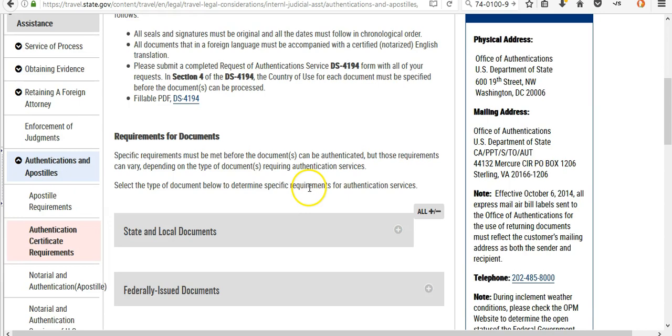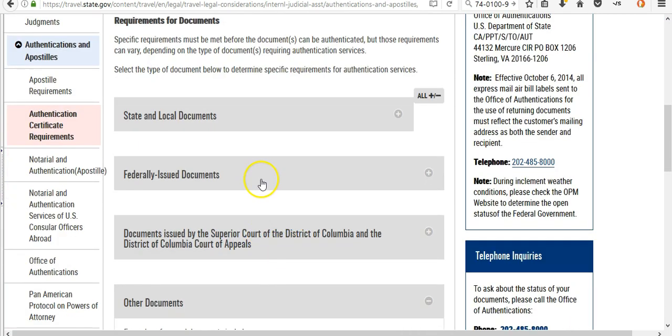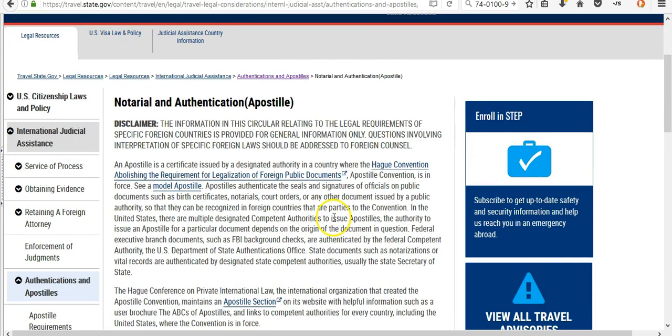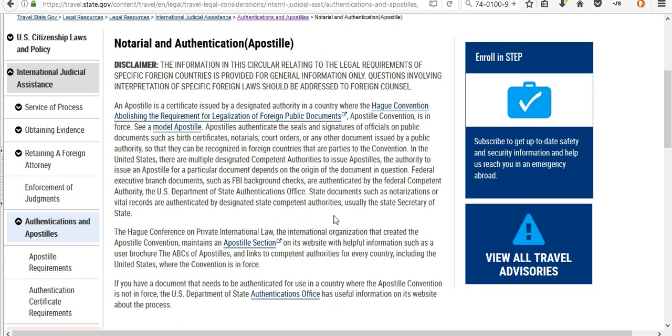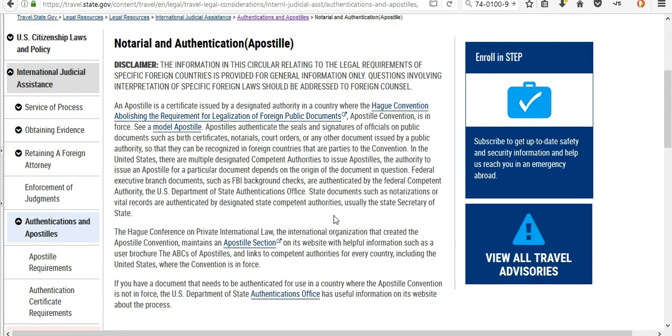Now, real quick here. Notary authentication. Let's check this out. Authentication convention.